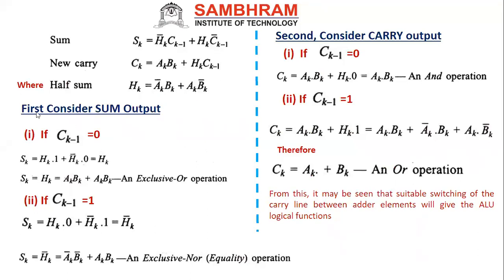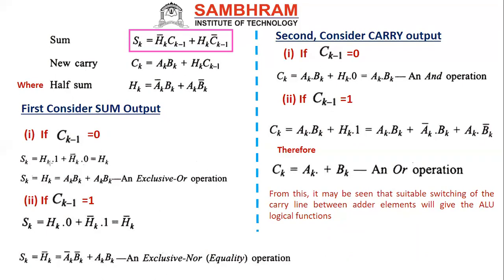Now, first, let us consider the sum output. Let us consider this expression first. In this expression, if ck-1 is equal to 0, what will I get? Substitute ck-1 = 0. Then Sk = hk bar dot 0 + hk dot 1, because ck-1 bar is 1.